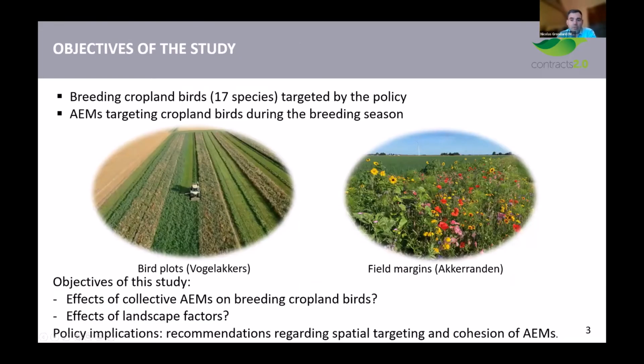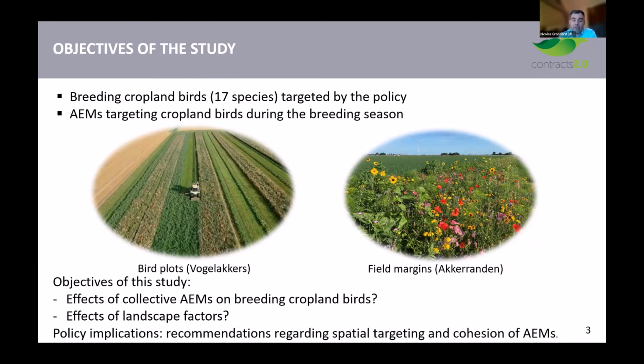In this study, we focused on the cropland habitats and the 17 bird species that depend on this habitat during the breeding season. We analyzed the 2 main agri-environmental measures designed to provide habitat to these species. First, the bird plots, which are fields with an intercropping of perennial grass and biodiverse fallows.